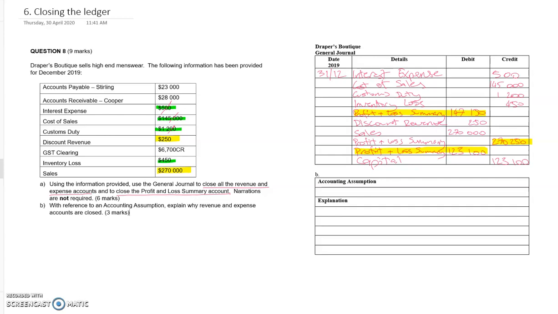Now we can move on to part B of the question with reference to an accounting assumption. Now, this is always going to be period or accrual basis. Take your pick. The explanation is similar. So there are two reasons.